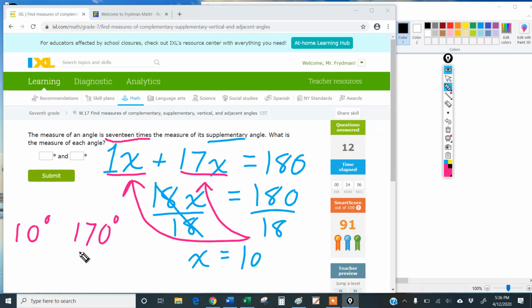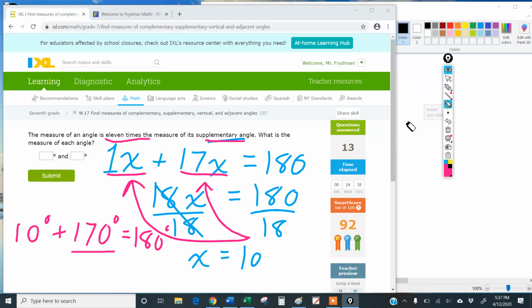Yes, because 170 is 17 times as much as 10. If we do 10 times 17, we get 170. But we also met the criteria of them being supplementary angles, because 10 plus 170 is equal to 180 degrees. So that's our answer. One of the angles must be 10 degrees, and the other angle must be 170 degrees.